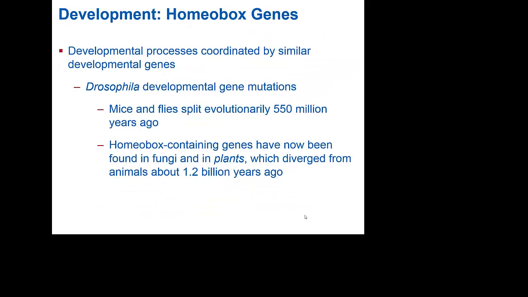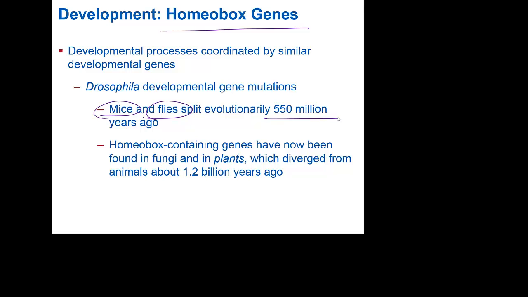So I mentioned to you that this homeobox gene is actually highly conserved across different species. We've now found them in mice and flies, which split about 550 million years ago. We'll look at that in the animal kingdom, so the difference between our mammals and other animals.